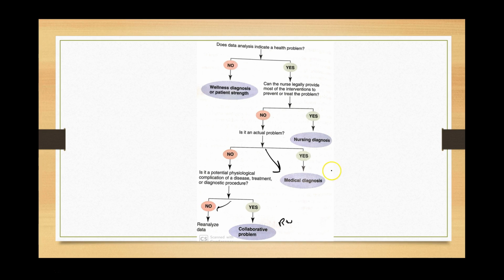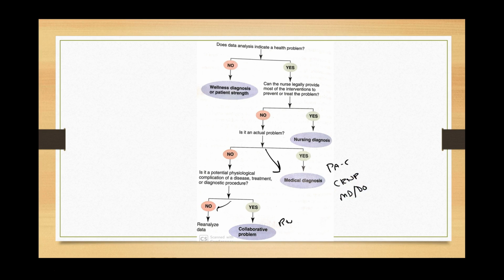Medical diagnosis, this is going to be all of your providers. This is going to be your PA, your nurse practitioner, or your physician, your MD or DO.